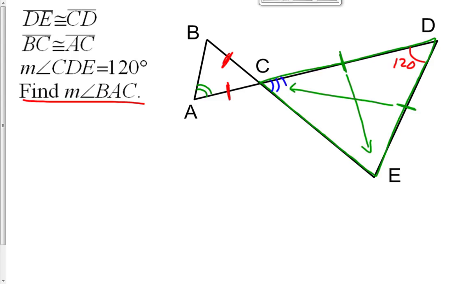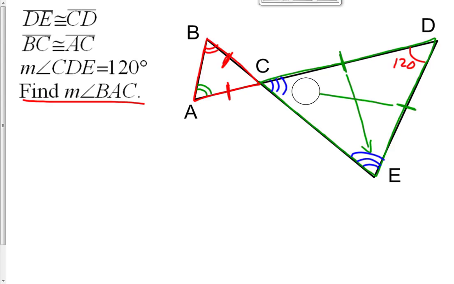So this angle is congruent to this angle. And I also have a red triangle right over here, triangle ABC. It's also isosceles because the two legs are congruent. So opposite those two legs are the base angles, which are also congruent. Alright, I've marked up our picture pretty well.